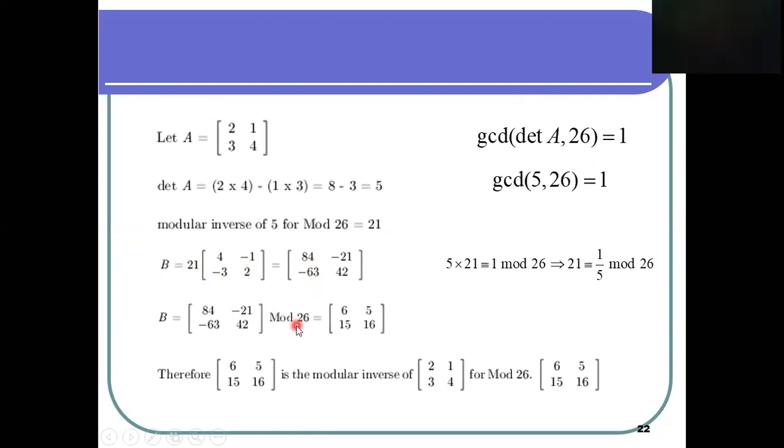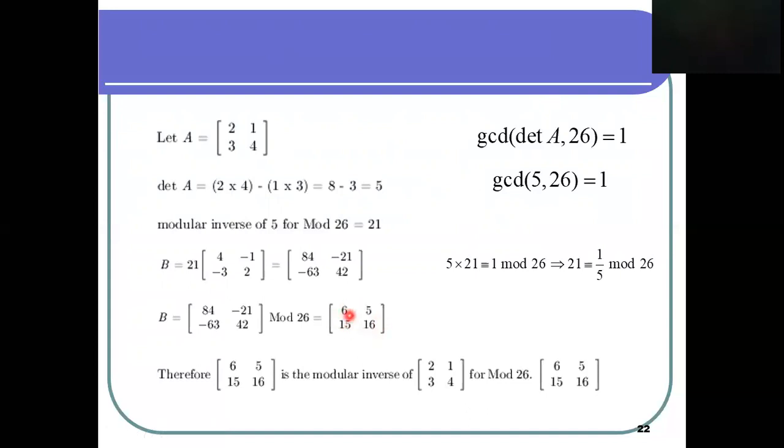If there is a negative number, you have to add 26 till you get a positive number. Then divide each number which is greater than 26 and place its remainder.